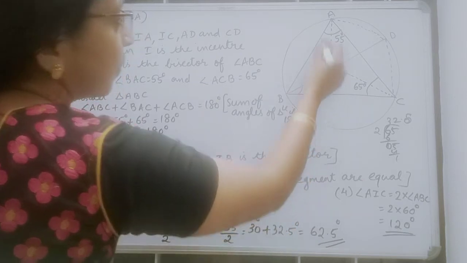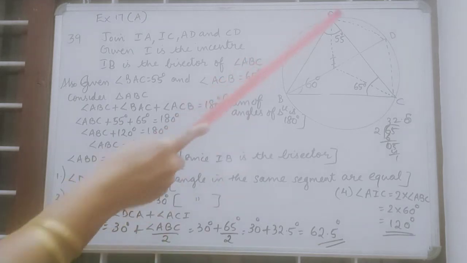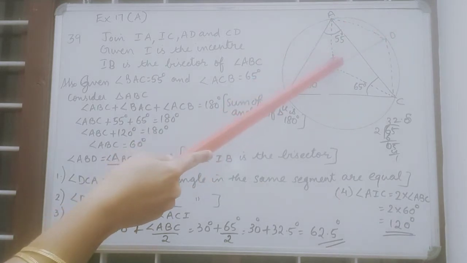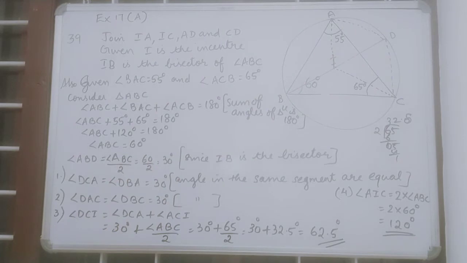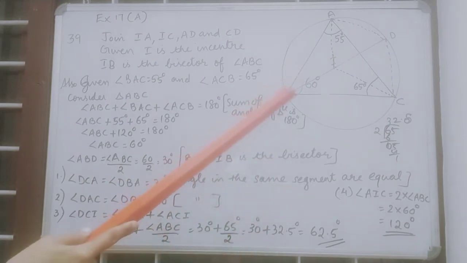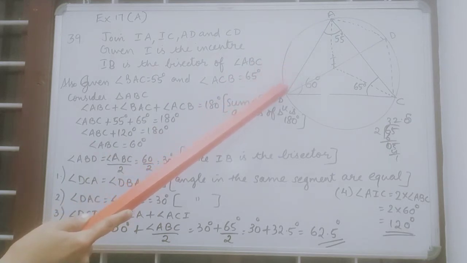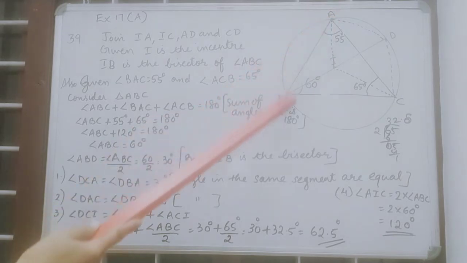So we got angle ABC as 60 degrees. Then look at angle ABD. Since I is the incenter, BI will be the bisector of ABC. So angle ABD will be half of angle ABC.